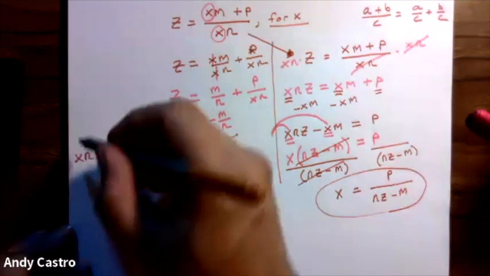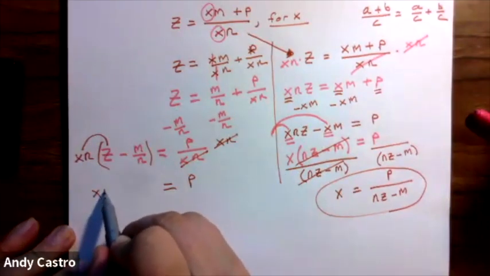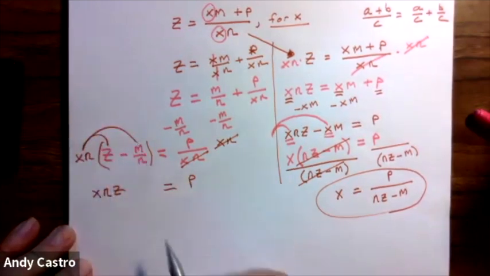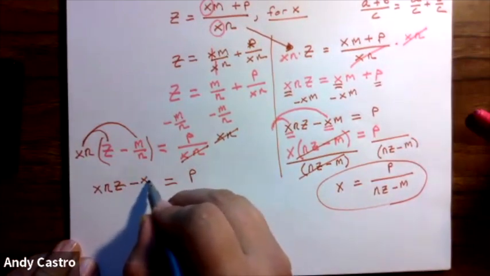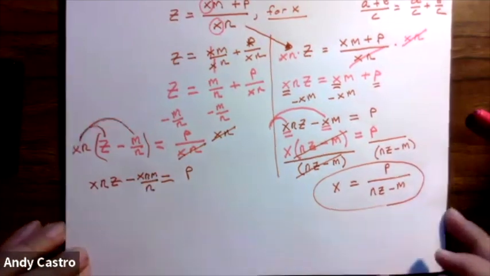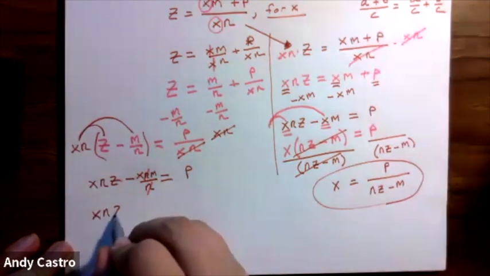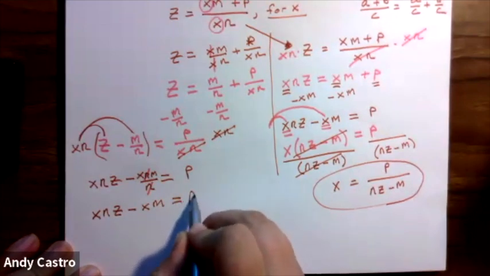And over here, xn times z becomes xnz, and xn times negative m over n becomes negative xnm over n. And this n and this n will cancel. And so I'm left with xnz minus xm is equal to p.